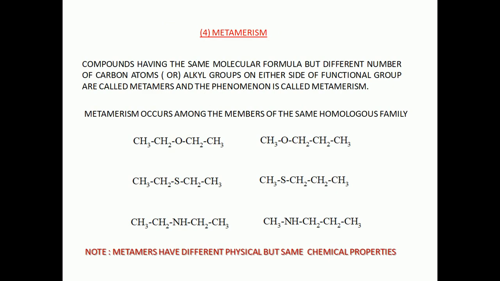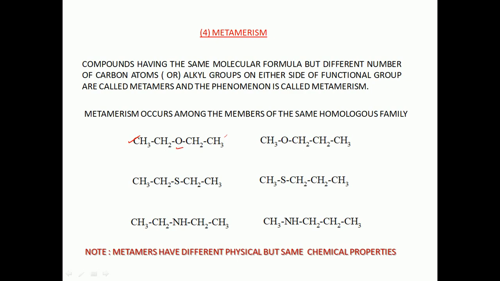Metamerism. What is metamerism? Metamers are compounds that have the same molecular formula but a different number of carbon atoms or alkyl groups on either side of the functional group. For example, in this, what is the functional group here? Ether.